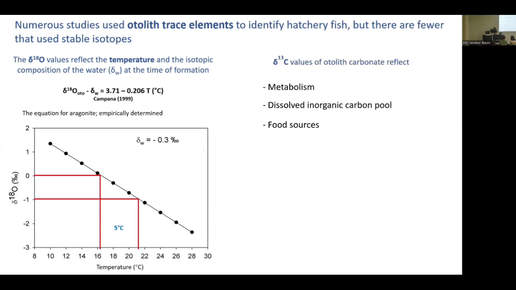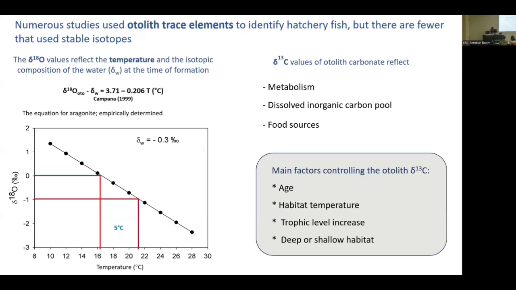In the case of carbon 13, we can have another kind of information because that reflects different sources, such as metabolism, dissolved organic carbon, and food sources. So the main factors controlling these values are age, habitat, temperature differences, or when the fish change in trophic levels.